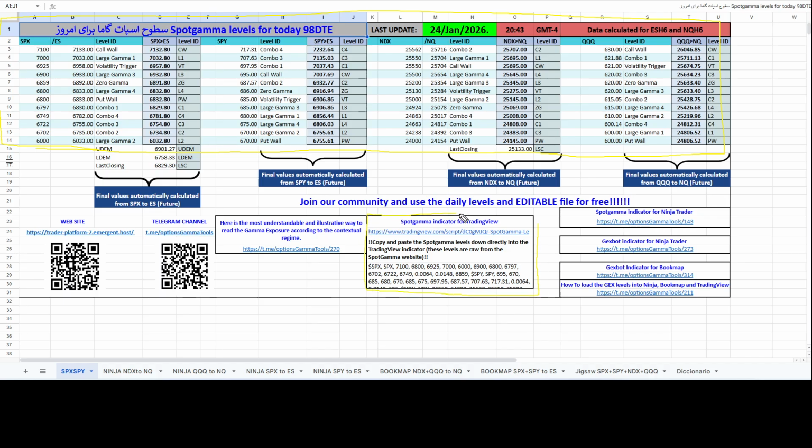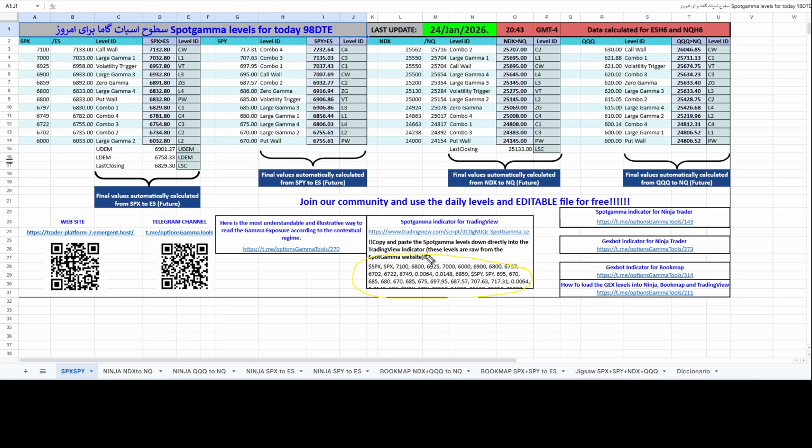This is passed for using in TradingView platform. What you have to do is only to copy this information and paste it in TradingView platform.